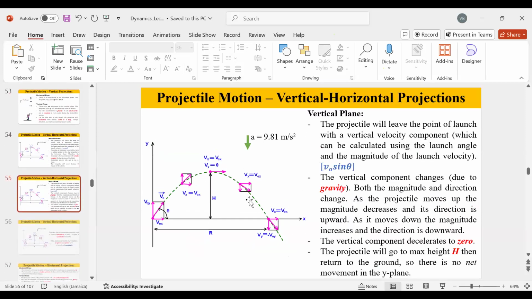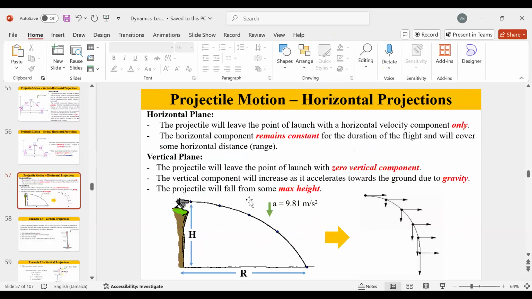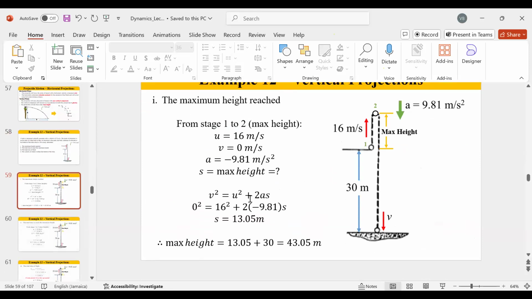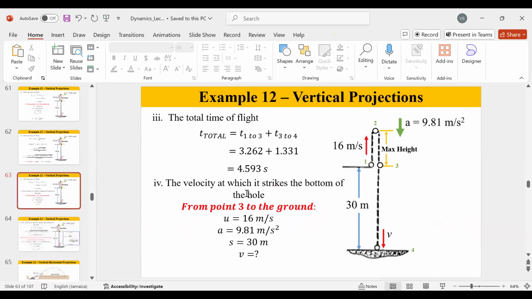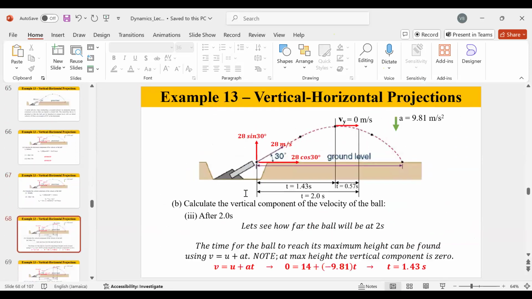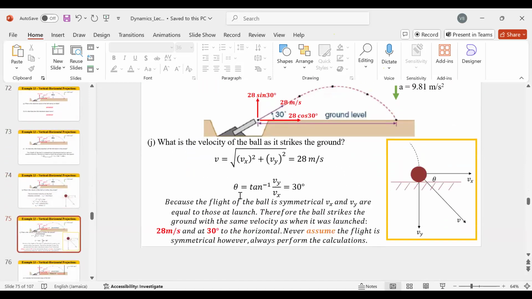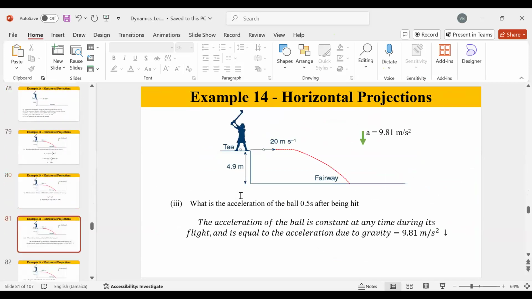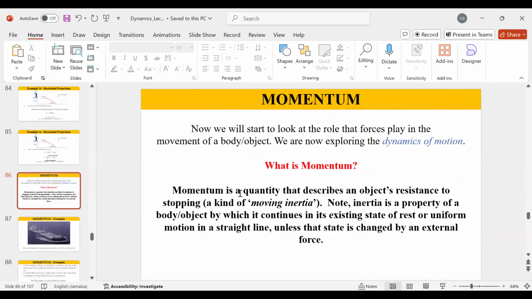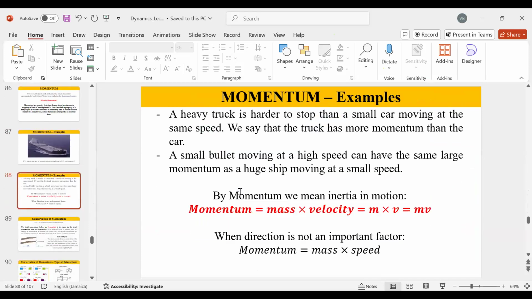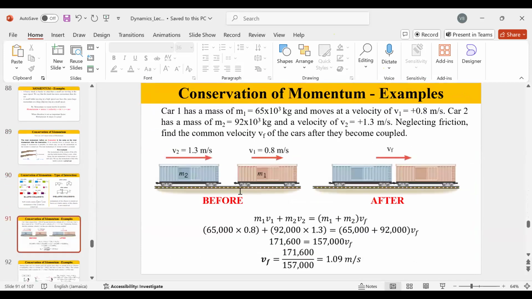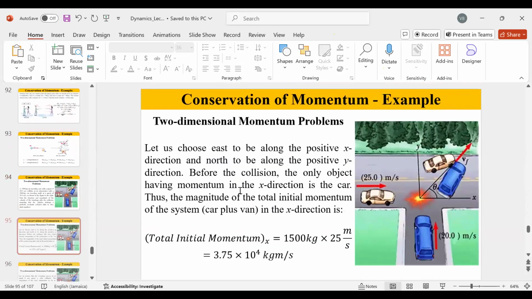And after we finish projectile motion, then we will pretty much finish some aspect of this course. So we have projectiles. We have quite a bit. It'll take us probably the next 3 or so classes to finish this. Then we go into a little bit of momentum.